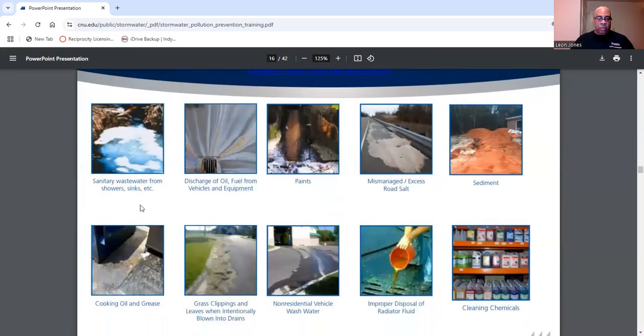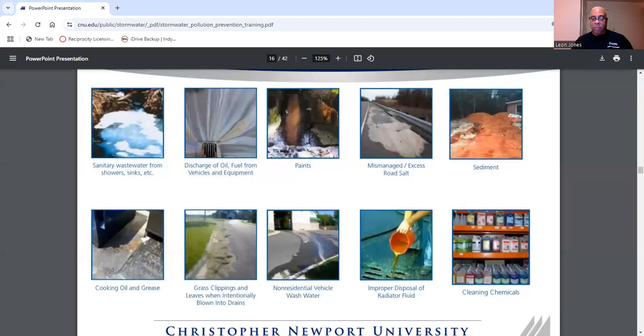And here's some examples. Sanitary wastewater from showers, sinks, etc. Of course, you have discharge of oil, fuel from vehicles and equipment. Look at the paints, mismanaged excess road salt, sediment, cleaning chemicals, improper disposal of radiator fluid, non-residential vehicle wash water, grass clippings and leaves when intentionally blown in the drains.